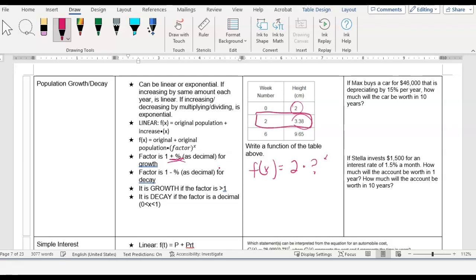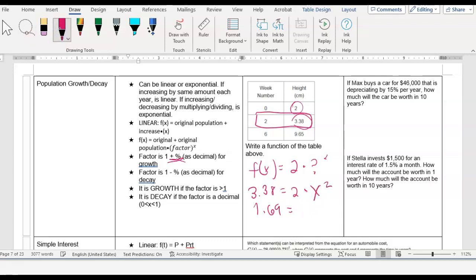We do have this information, so I can plug that in. 3.38 equals 2 times 2 to the power of x. I'm going to divide by 2 first, so 3.38 divided by 2 gives me 1.69 equals 2 to the power of x. Oh, sorry, I did that backwards.